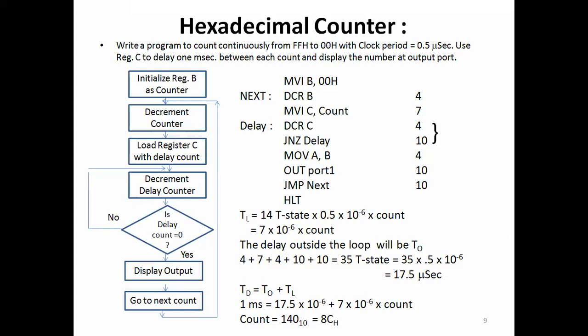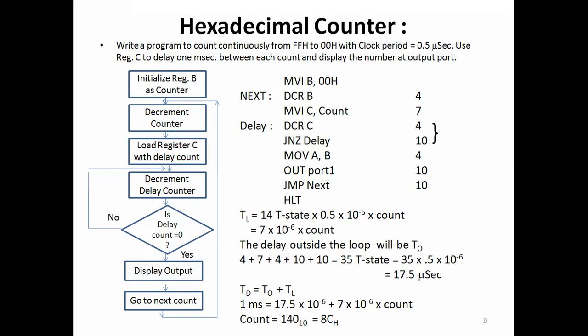When you have FF in a register and you add 01, what will be the result? The result will be 00. It means if you add 01 to FF, you get 00. It means whenever you subtract 01 from 00, you will get FF.